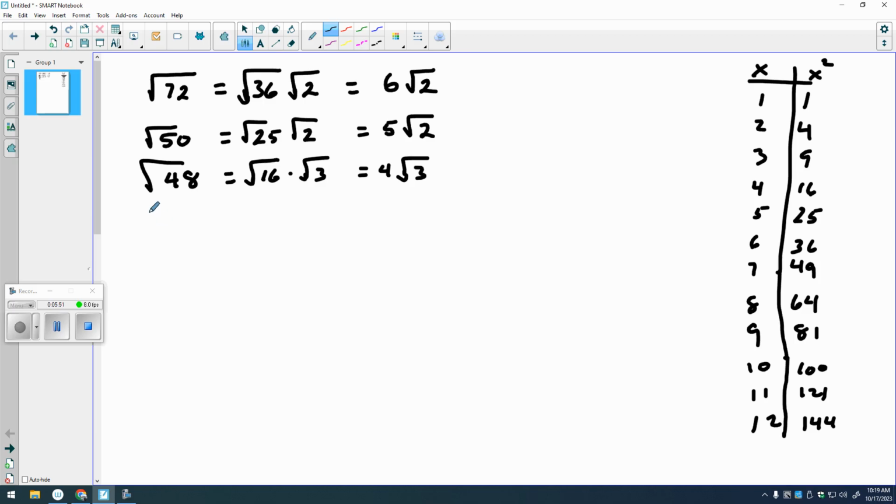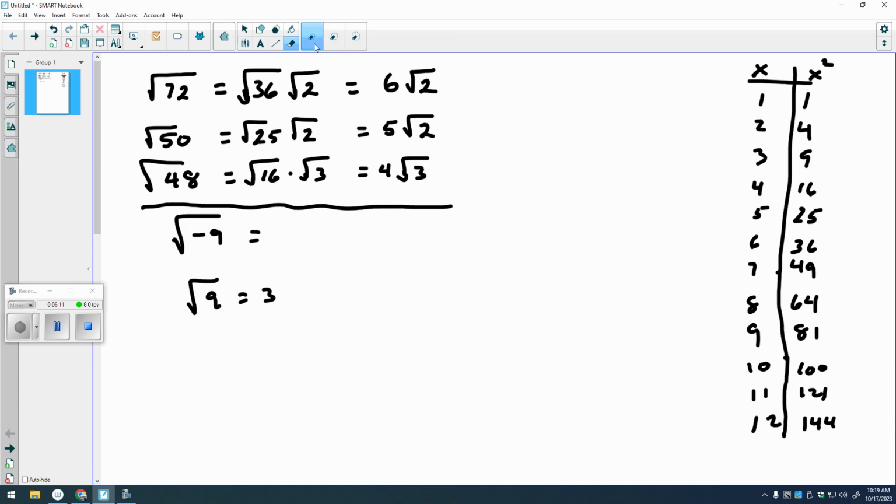Okay, we're going to keep doing some of these, but I'm going to introduce a new concept. What if I wanted to find the square root of a negative 9? Well, I know the square root of a positive 9 is 3, but what's the square root of a negative 9?